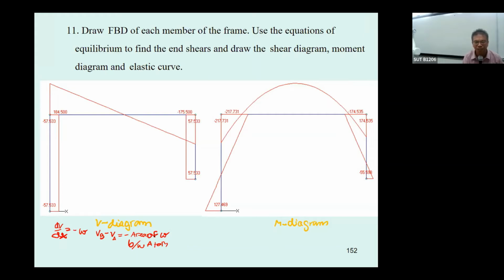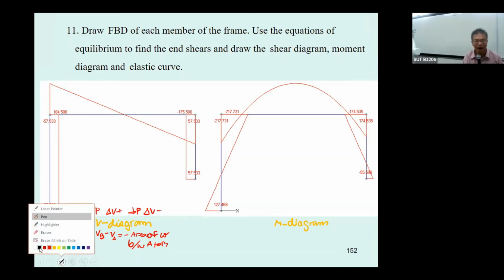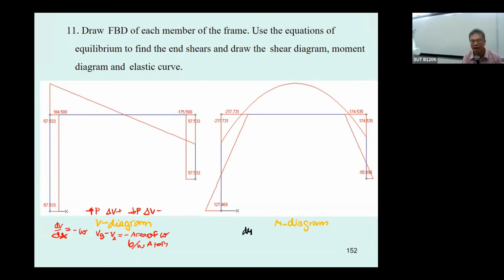And then for the force that's upward, the delta V is positive. For the force downward, delta V is negative. Okay, and then come to this again. You have dM by dx equal to V, and M sub B minus M sub A is the area.